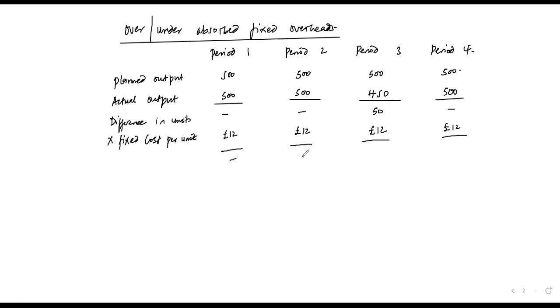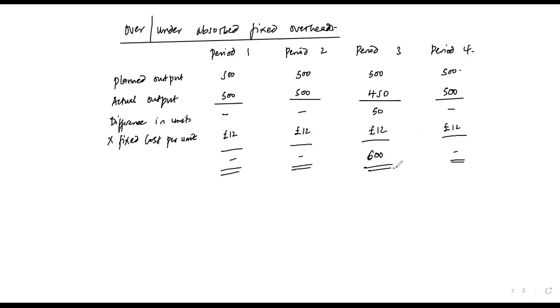But of course, in these other periods, there is nothing. But in period 3, 50 times 12, that is 600.